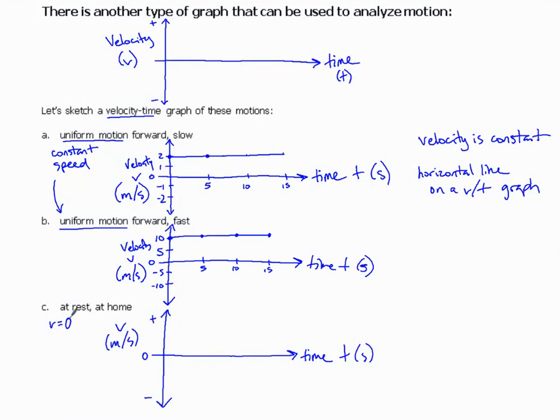So I'm going to do this one in a different color. I'm going to use red. Here's my velocity, 0 meters per second. 5 seconds later, here it is. This is my velocity. This is my velocity. And so this graph shows me at rest.